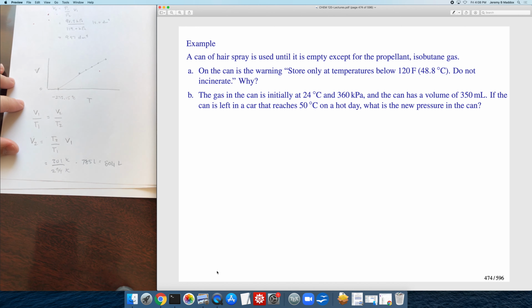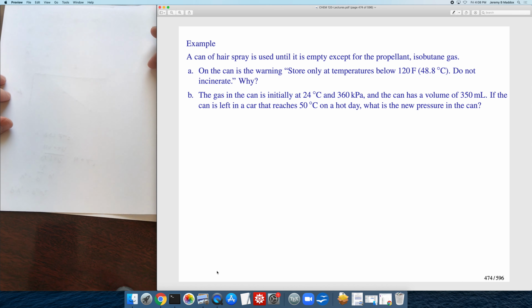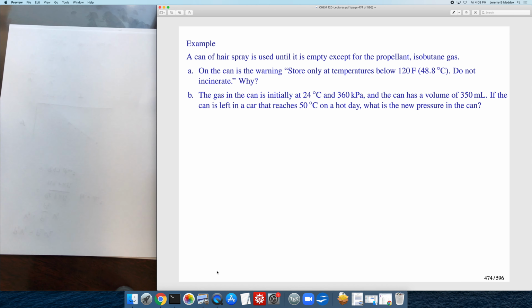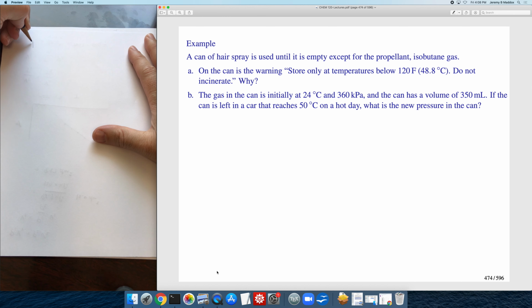Here we're talking about a can of hairspray. On the can, there's a warning: store only at temperatures below 48.8 degrees Celsius. Do not incinerate. Why would they put that kind of warning on a can of hairspray? Well, as you probably know, it contains compressed gas, and pressure is proportional to temperature.